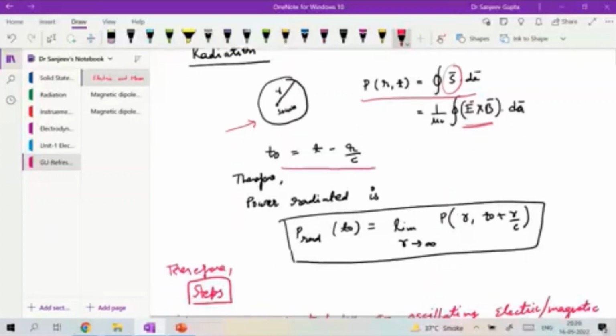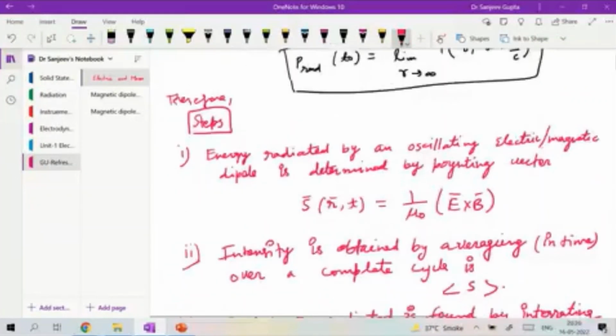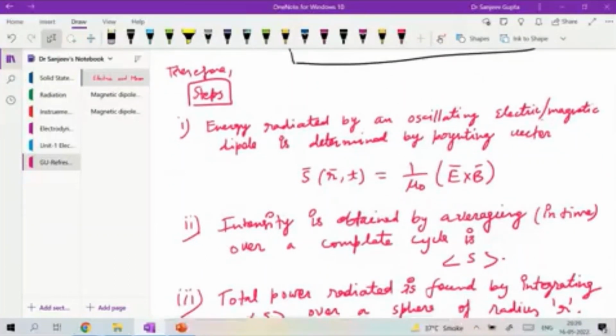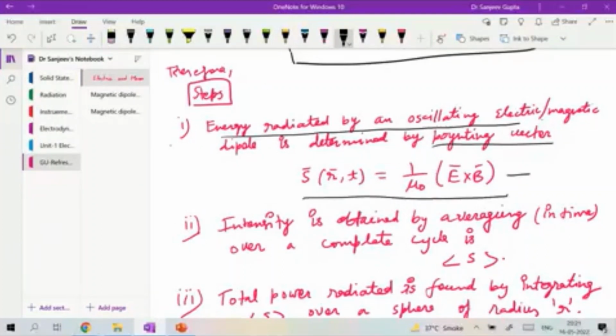On this concept of radiation we have three steps. First, we calculate the energy radiated by an oscillating electric or magnetic dipole, which is determined by the Poynting vector. You may write this expression as (1).